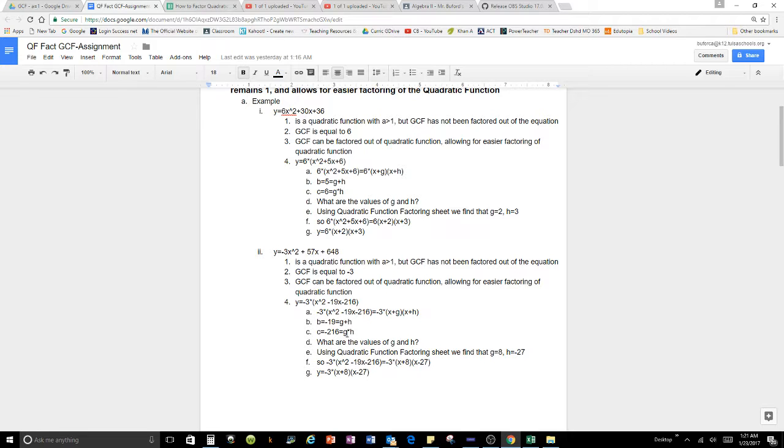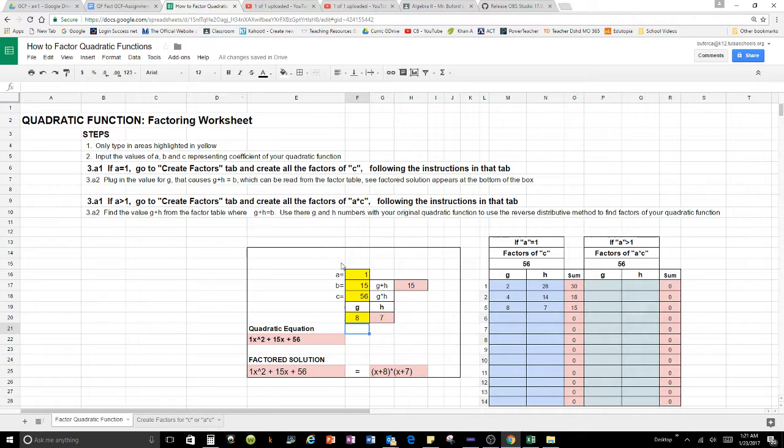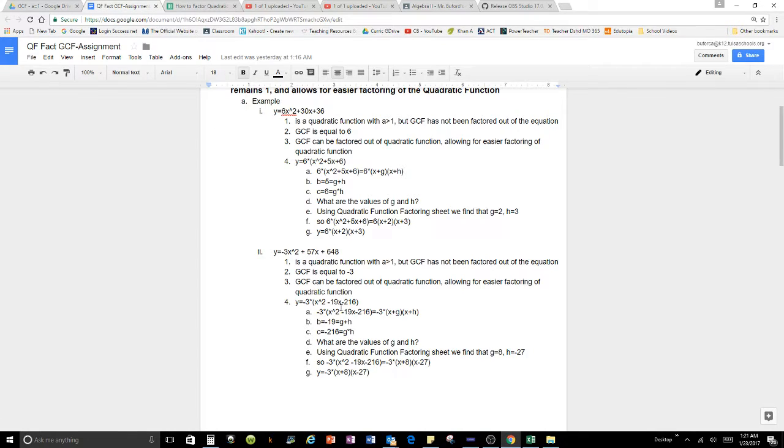So again, we're looking for a g and h such that the product of g and h gives us minus 216, and the sum of g and h gives us minus 19. I don't know about you, but I don't keep factors of minus 216 in my head. So to solve this, we would need to go to the quadratic function spreadsheet. Let's see, what were our a, b, and c?